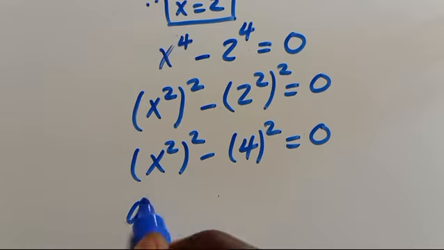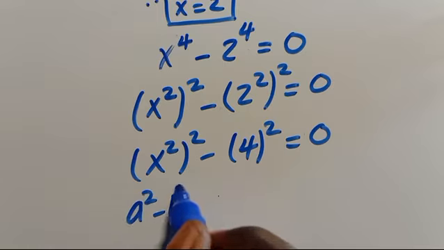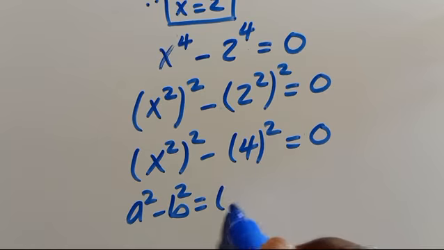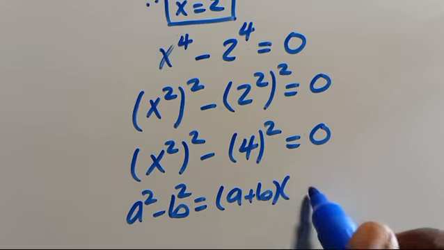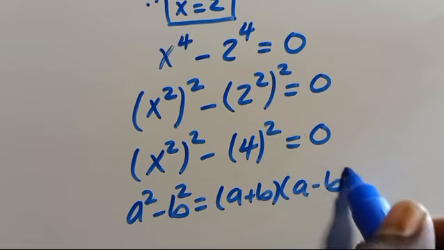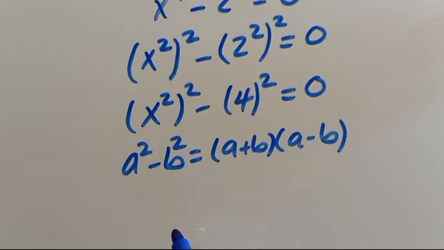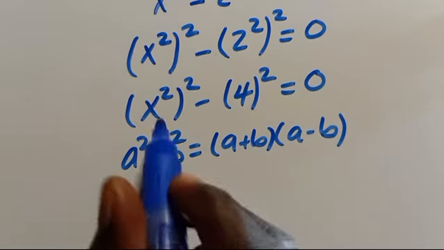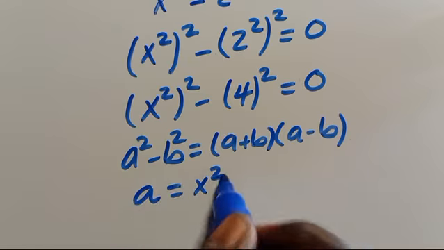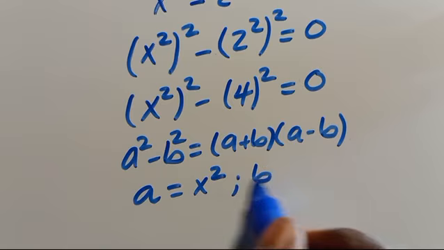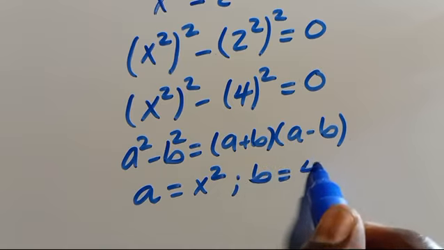So when we have a square minus b square, we have this as a plus b times a minus b. Here, a will be equal to x square, then b will be equal to 4.